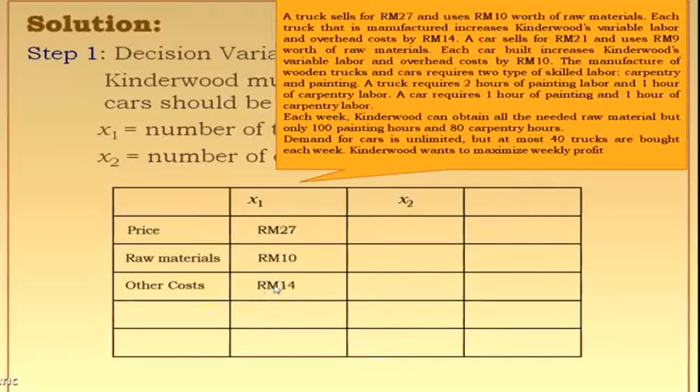Next, each car sells for 21 ringgit, uses 9 ringgit of raw materials, and variable labor and overhead costs 10 ringgit. We fill in this information in column x2.